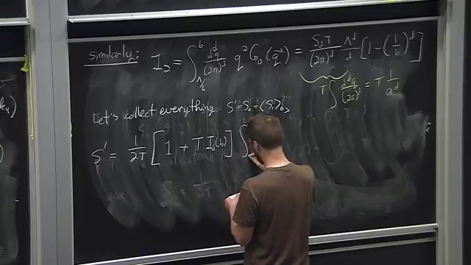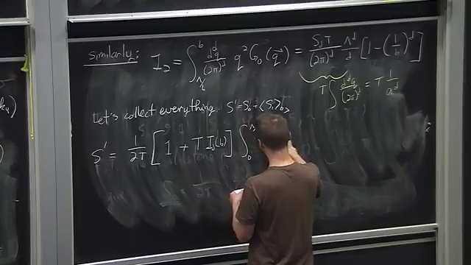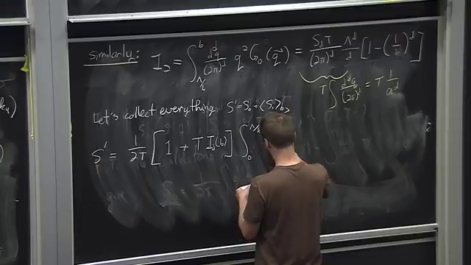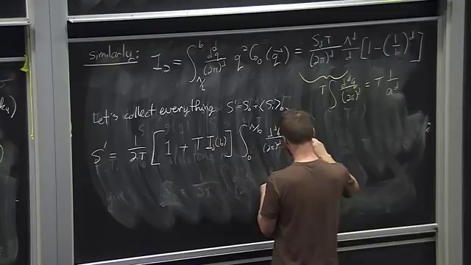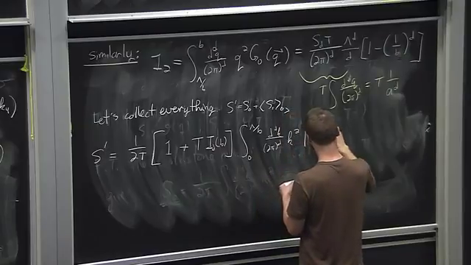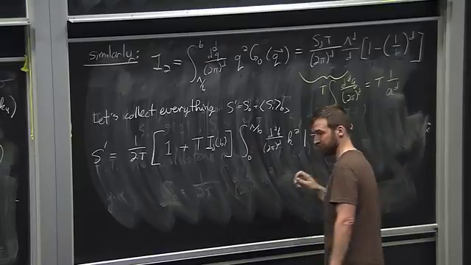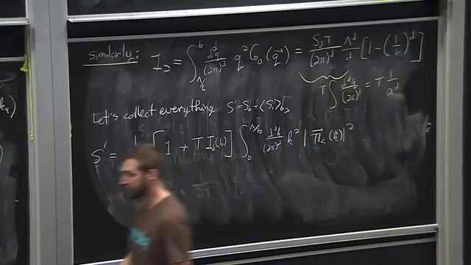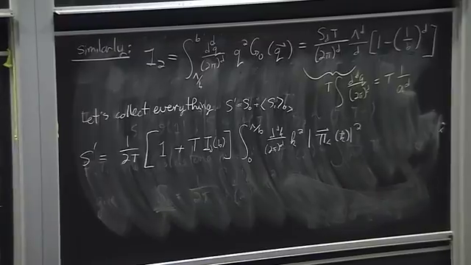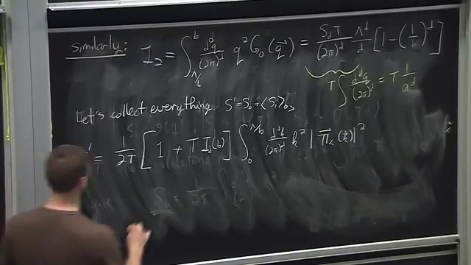And then this will just give me a piece like that. So that's Gaussian, S naught.